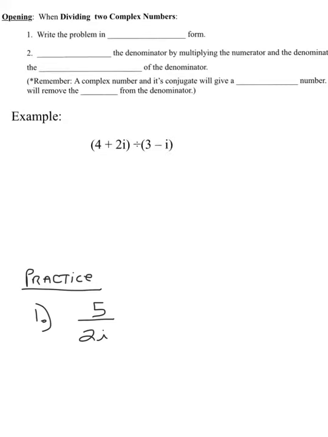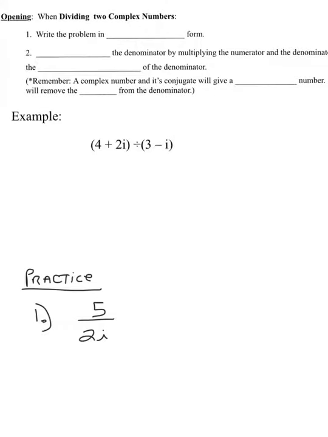Alright, so when dividing two complex numbers, write the problem, first of all, obviously, in a plus bi form. And you need to rationalize the denominator. You're going to do this by multiplying the numerator and the denominator by what I introduced a little bit at the very end of last lesson, the conjugate.